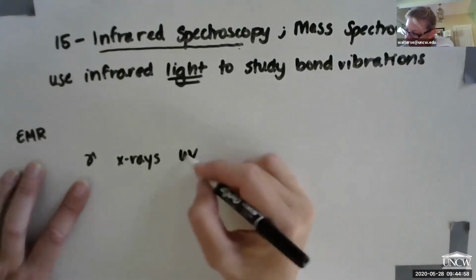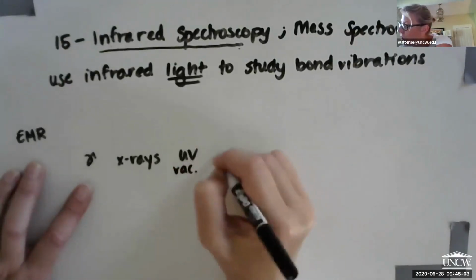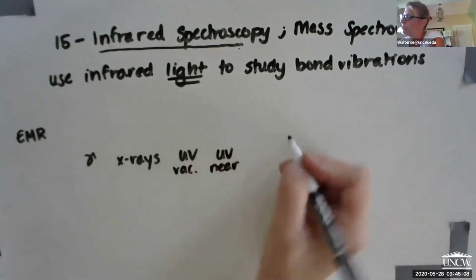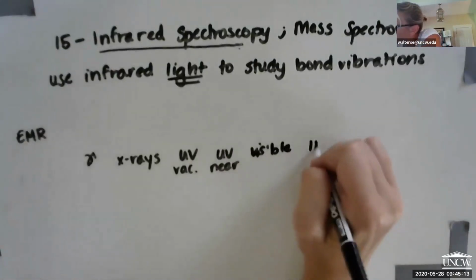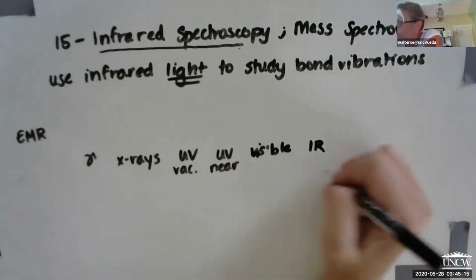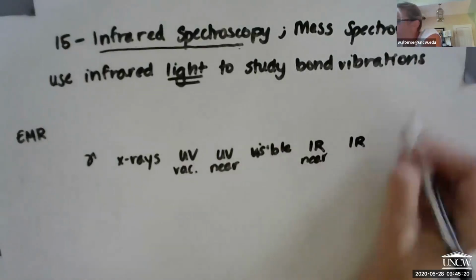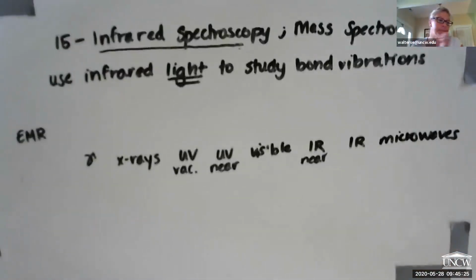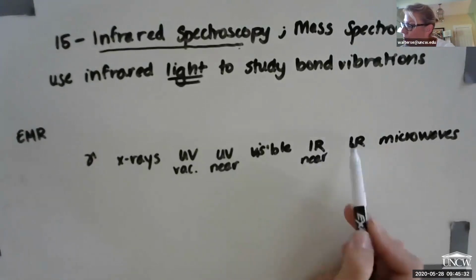There are two different kinds of ultraviolet, and this one is called near ultraviolet because it's closer to visible, which is here. Then you get near infrared, infrared, and then microwaves. So we're talking about using the infrared portion of the spectrum.